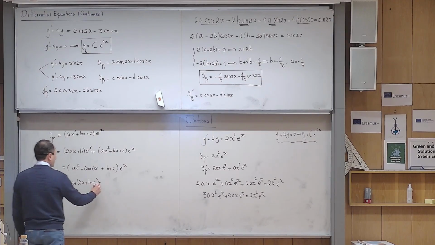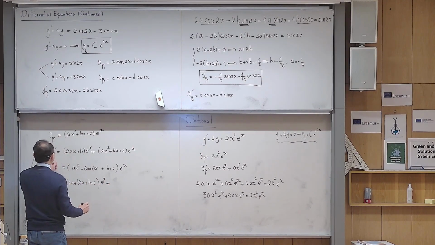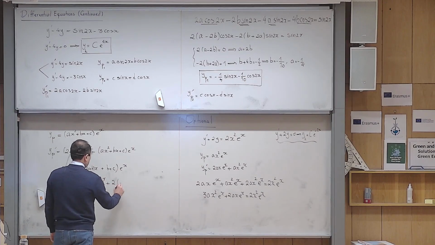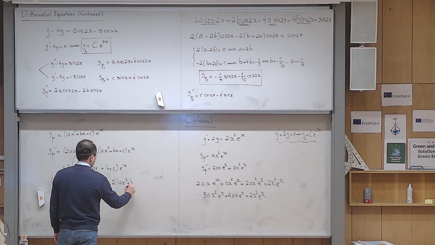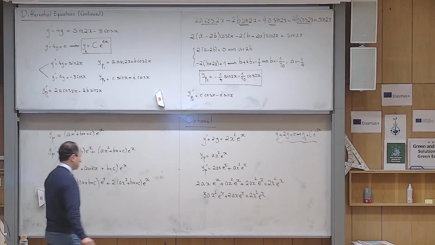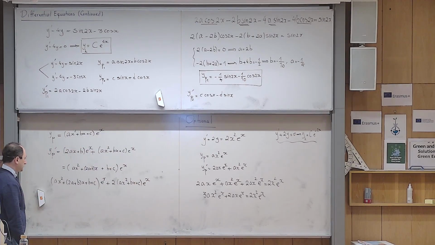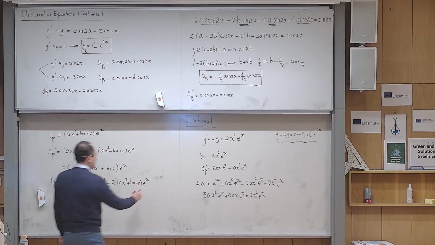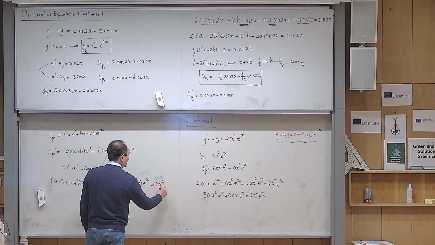Yes, this is y prime plus 2 times y. Now this is correct, yes? This is supposed to be equal to 2x squared e to the x.